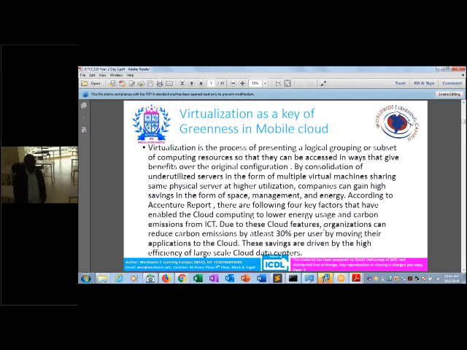These savings are driven by the high efficiency of large-scale cloud data centers. So virtualization remains the key current technology for energy efficient operation of servers in data centers.